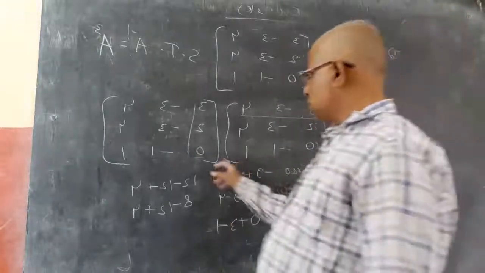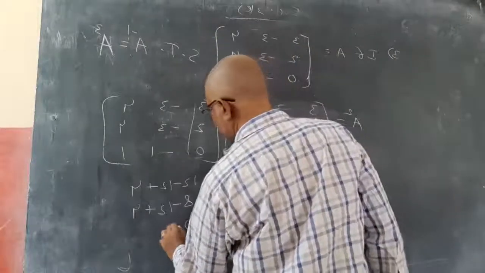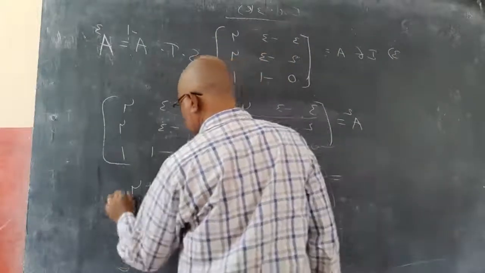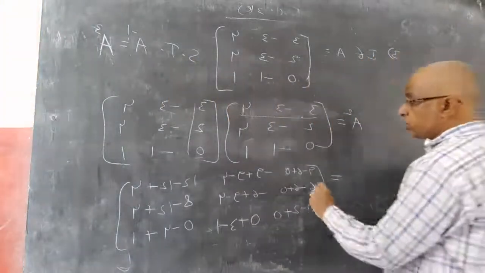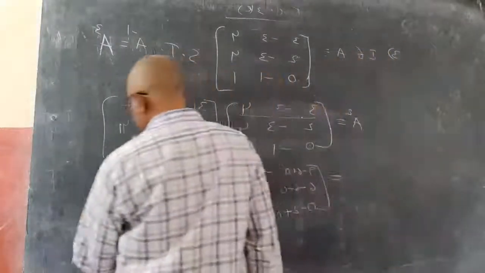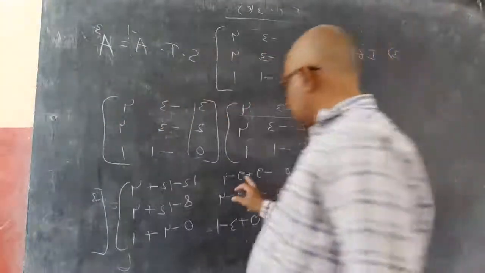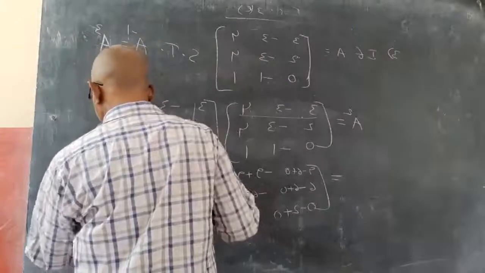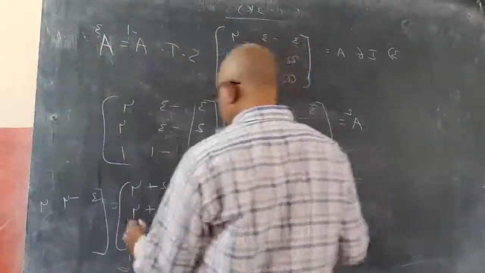Next, this row with this column, 0 minus 4 plus 1. So finally this is equal to, we will get 9 minus 6, 3. This is 9 cancel minus 4, and this is 12 cancel plus 4, and this is 0.